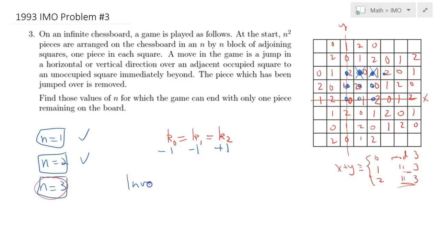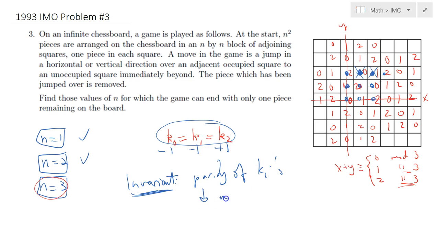We are looking for an invariant here, I guess, right? The invariant in this thing is the parity. To begin with, they were all odd or all even, and in each move of jumping over and eating one piece, the parity of the ki's does not change.